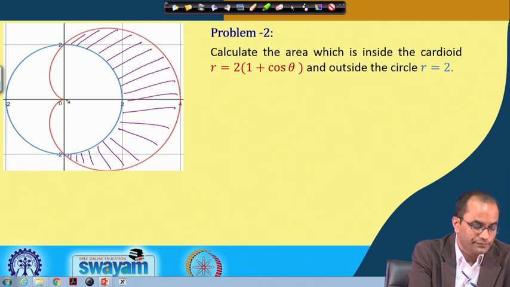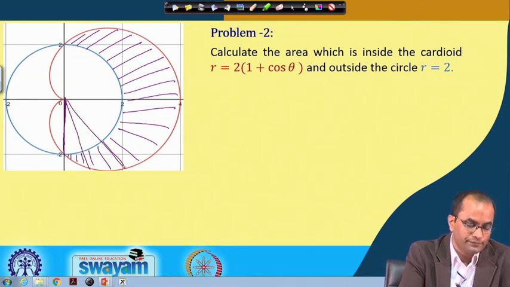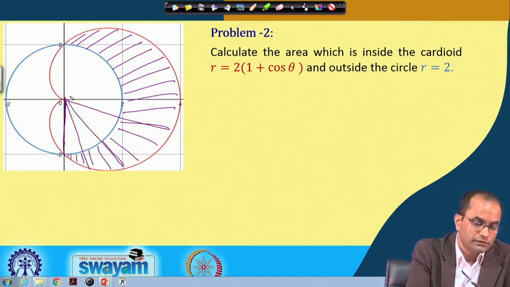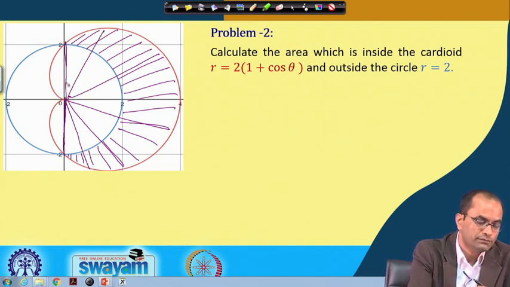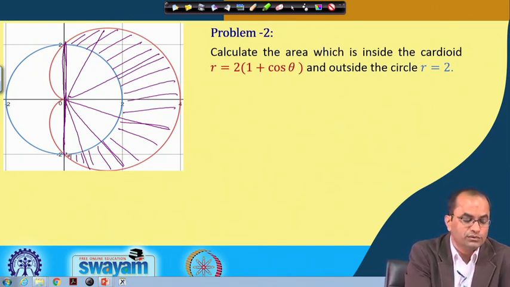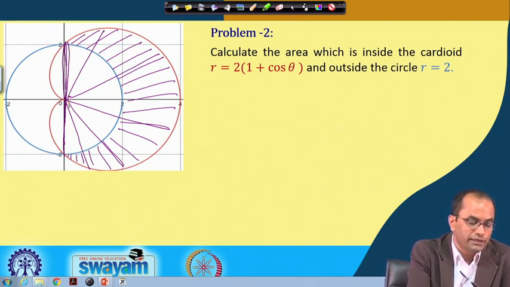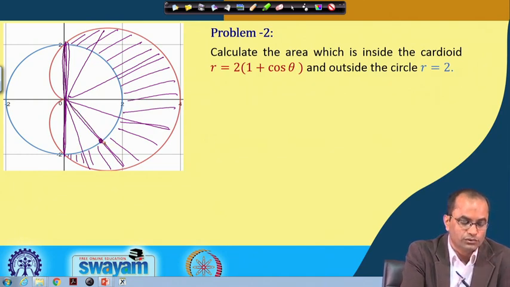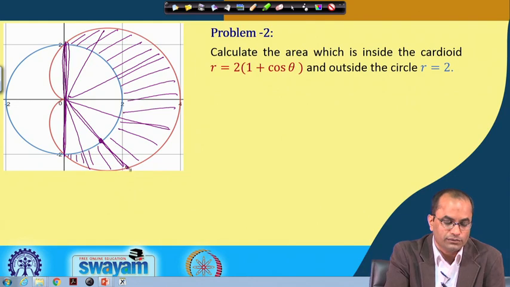So, we are moving in theta from this point and then going all the way, and theta will go up to this point. So, the limits of theta we can take from minus pi by 2 to pi by 2, and for r it is always from this circle, which is r is equal to 2, to r is equal to the cardioid.